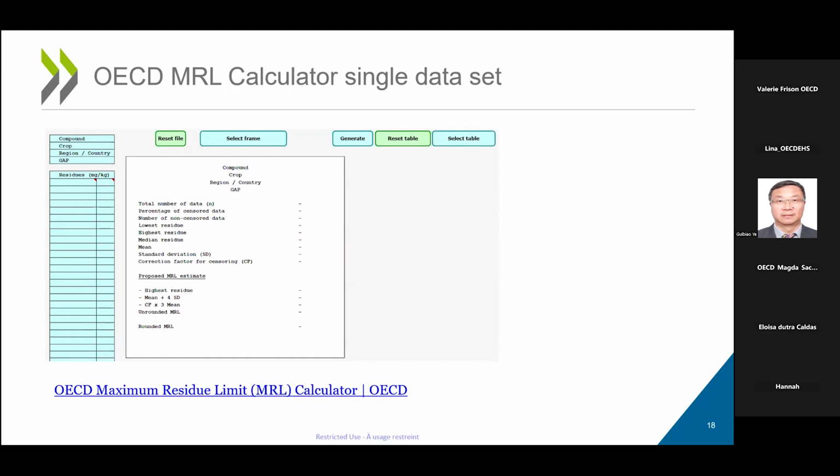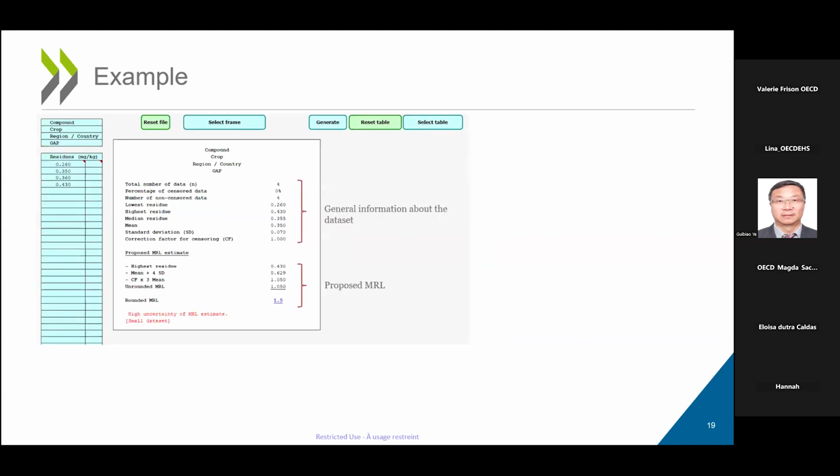So how this Excel spreadsheet is working, you have to input your data in the blue area. So the residues are listed here. They're expressed in milligrams per kilogram. You also have the top field where you can enter the information about the compound, the crop, the region, country, and the GAP.